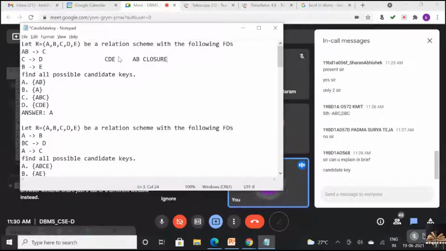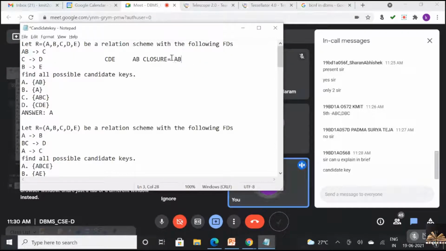The closure of AB, with respect to the reflexive property, is AB. Now I have to see, using these FDs, which other attributes I can generate.